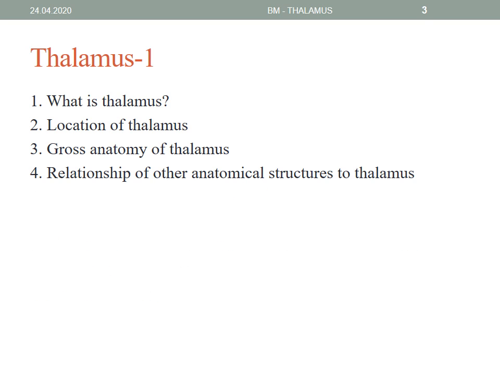This class will be Thalamus 1, where we will see what is thalamus, location of the thalamus, gross anatomy of the thalamus and relationship of other anatomical structures to thalamus. In the subsequent classes, 2nd, 3rd and 4th, we will continue with the further topics.